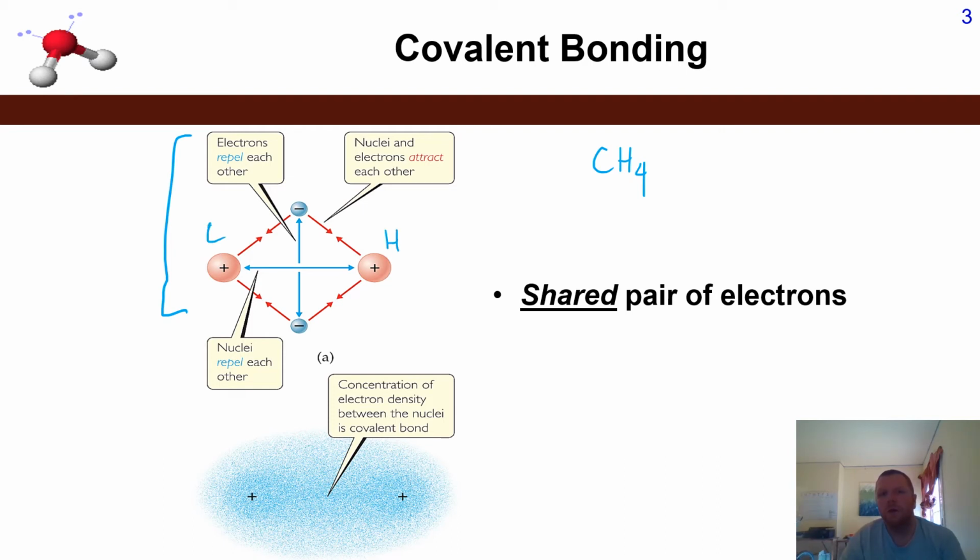So this is what the carbon nucleus and the hydrogen nucleus are doing. They are relatively close to one another, but they are repelling one another because each nucleus is positively charged. Now there are electrons being shared between those, and those electrons are both attracted to the nucleus, but they are also repelling one another. And so what we get from that is this diagram down here.